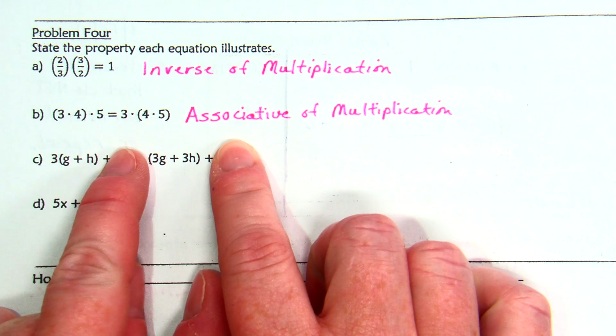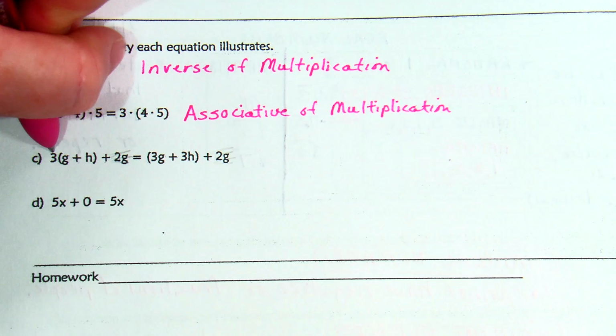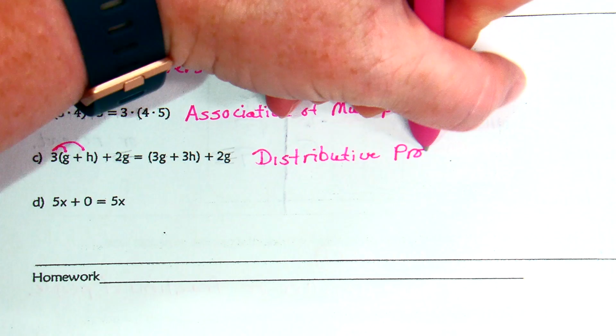The 2G's didn't change. They didn't move. They didn't change. So don't think about 2G's. Just think about, okay, what's happening with the rest of it? So if I ignore the 2G's, you can see that 3 times G and 3 times H, can't you? So that is the distributive property. And it's not addition or multiplication, it's just the distributive property.